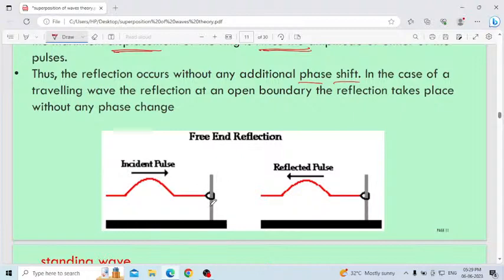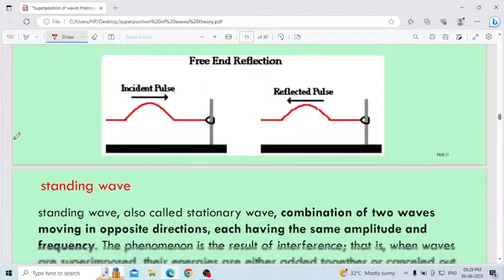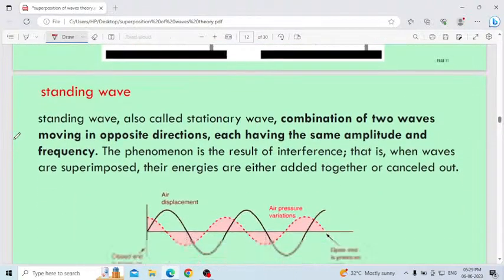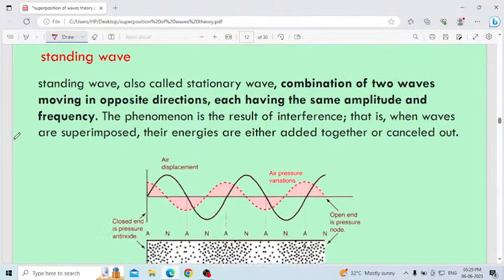But in the case of a fixed end, the phase change will be pi, 180 degrees. Why am I comparing both? When you are reading, you have to compare, then only you can remember easily.